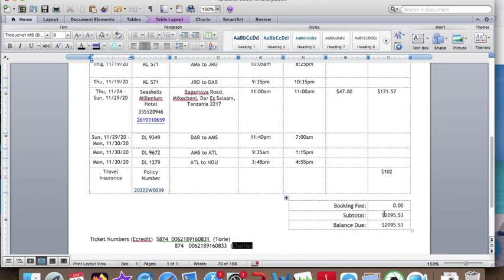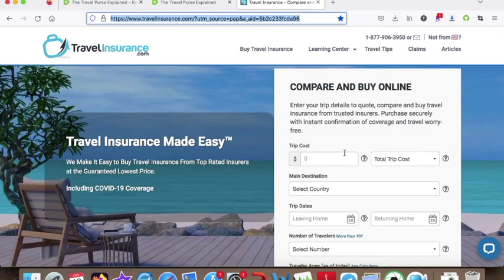When you get to the balance, you find out how much everything cost you. And as you can see, in my situation, everything cost somewhere around $2,095.53. That was what my cost was. That's the price you want to put here.